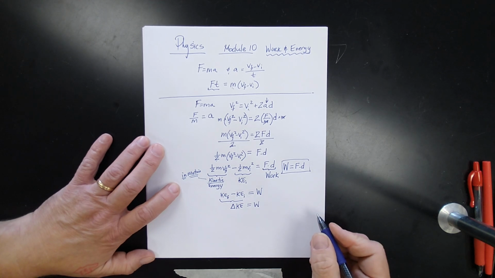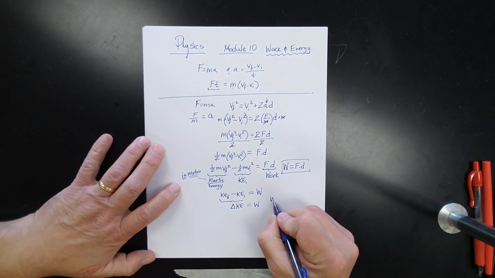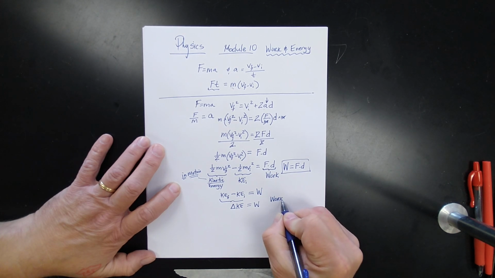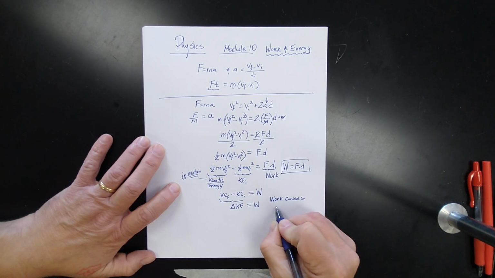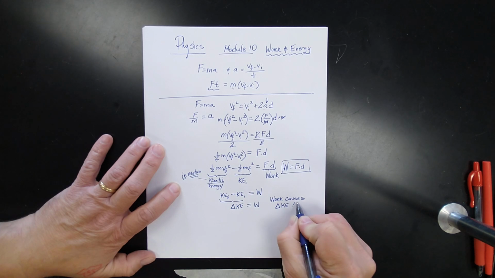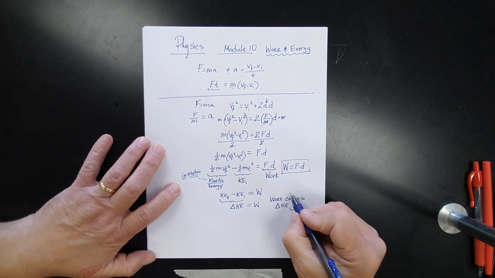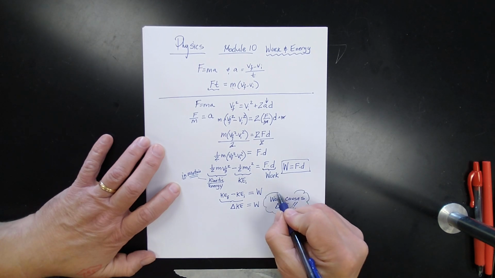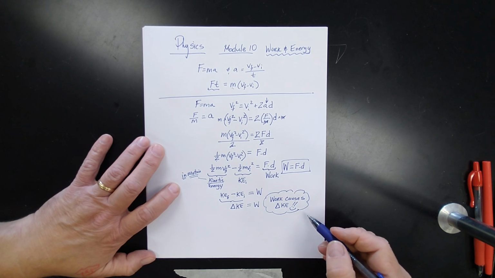So we have just come up with a very serious principle. We're saying here that work, mechanical work, causes a change in kinetic energy. That is very, very important. I'm going to put a little cloud on that one, or a star or a highlighter if you've got it. Work causes a change in kinetic energy.